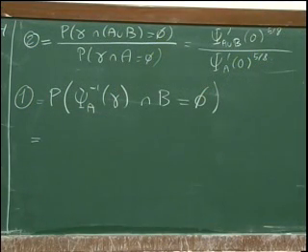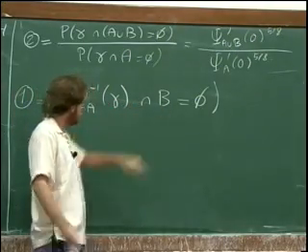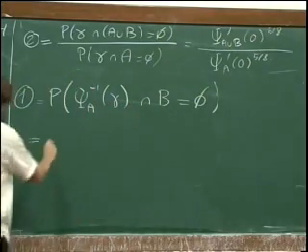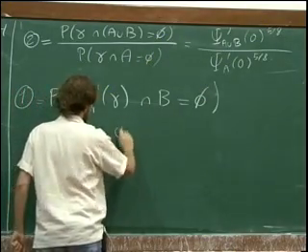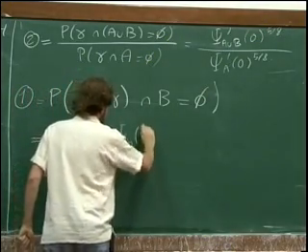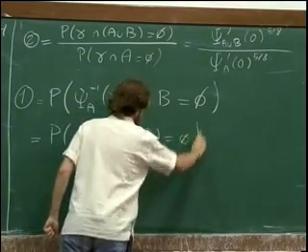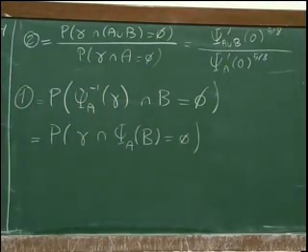So now what does it mean that psi A minus 1 of gamma avoids B? I can map that by psi A. That's the probability that gamma avoids psi A of B. That's equivalent.